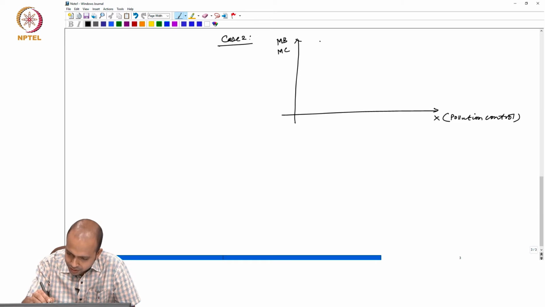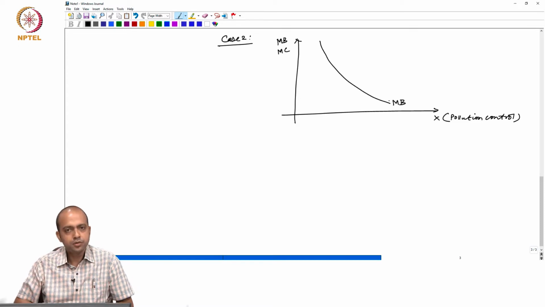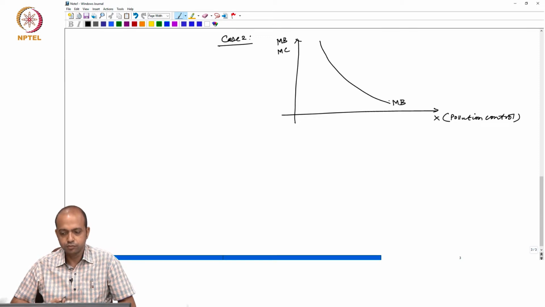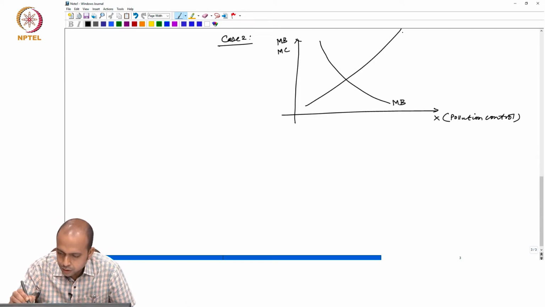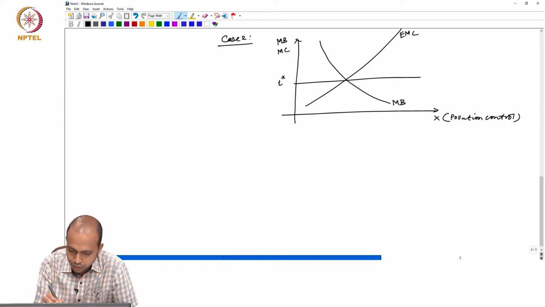Let us say this is the steep downward sloping MB curve, and this is the expected marginal cost, and the intersection will give you the optimum tax rate.